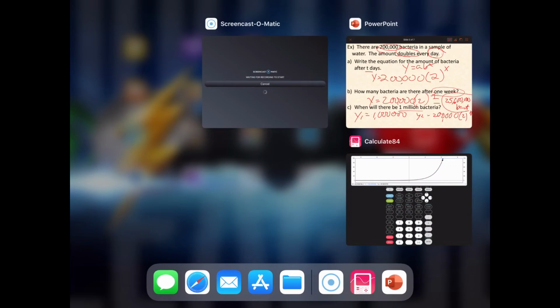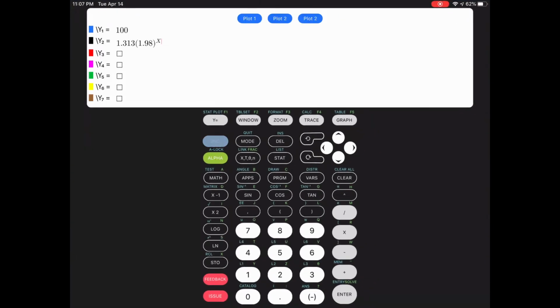I don't want a million on y1. So I'm going to go back to my calculator. I'm going to take the 1 million and divide it by 200,000. And of course, it is 5.